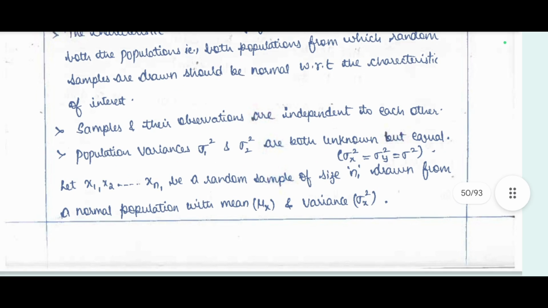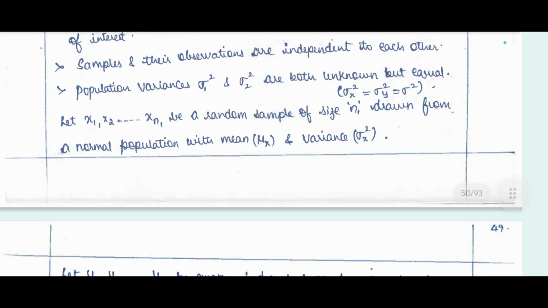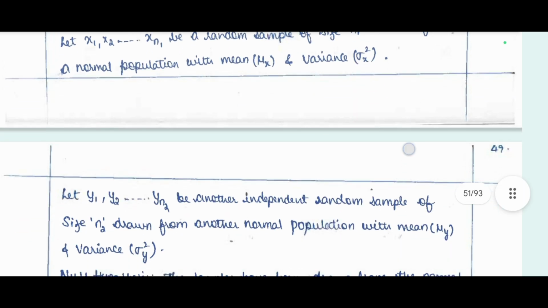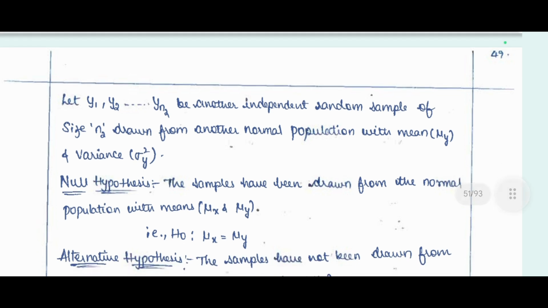Next, the population variances sigma 1 square and sigma 2 square are both unknown. Let x1, x2, x3 and so on xn1 be the first sample with size n1, and let y1, y2, y3 and so on yn2 be another independent random sample from another normal population with size n2.